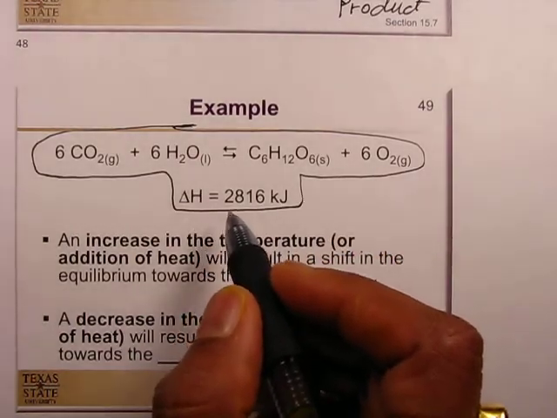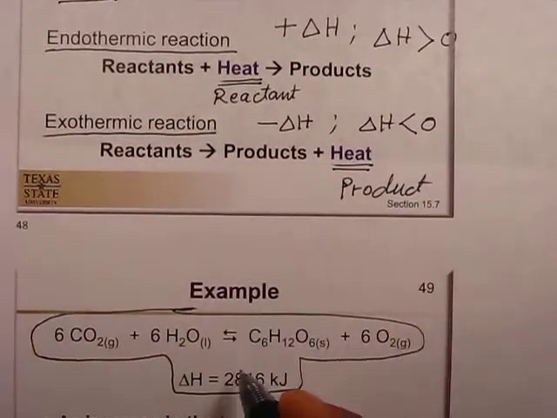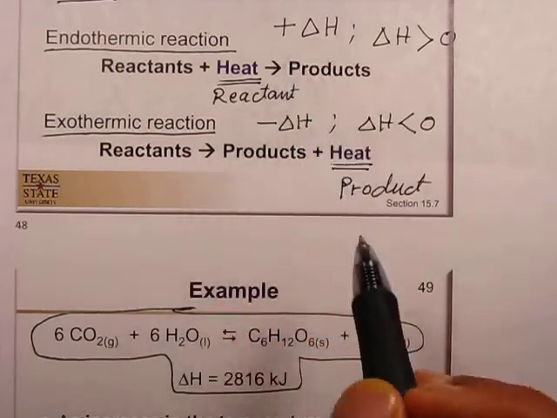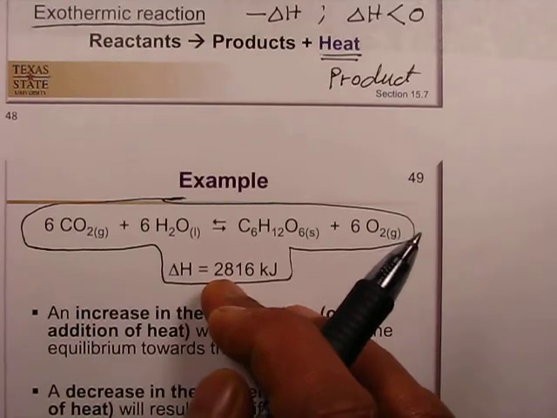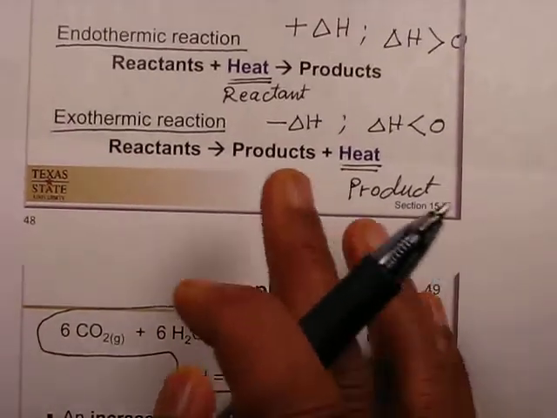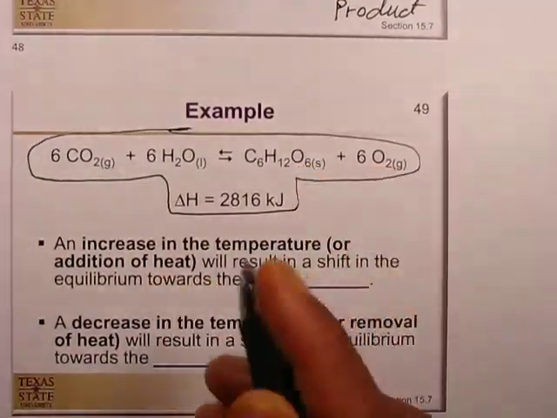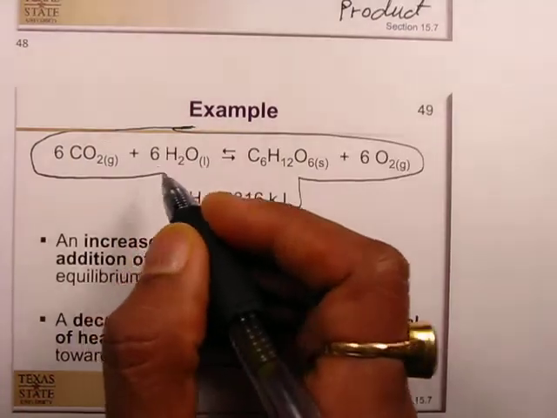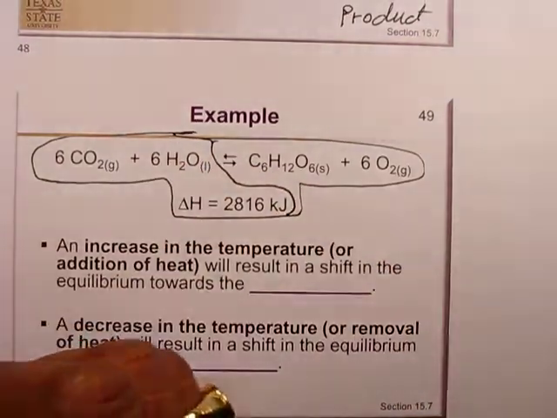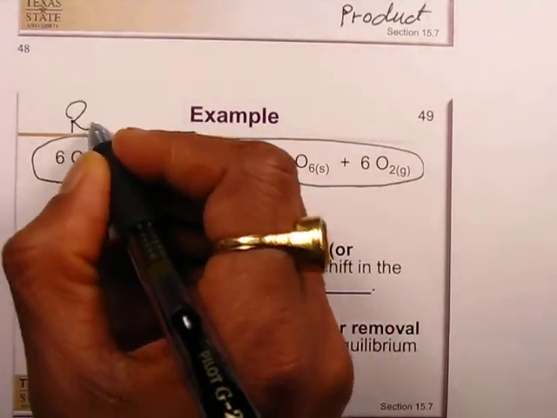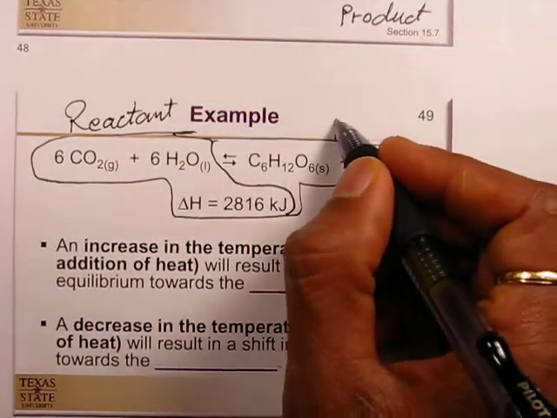Here you can see the delta H is positive, which means it is an endothermic reaction, right? So heat is considered as a part of the reactants, on this side, and these two are the product part.